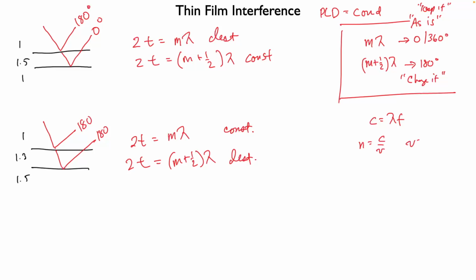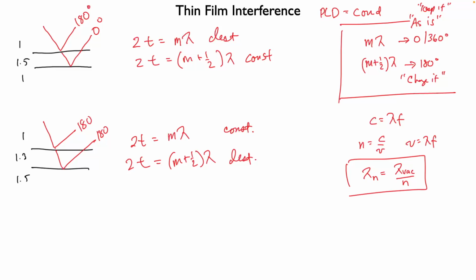So if the velocity is equal to wavelength times frequency, and the frequency is a constant, but the speed changed, the other thing that has to change is the wavelength. So the wavelength in any material that has an index that's not 1, because 1 is space, right, lambda sub n, is going to be equal to the wavelength in vacuum divided by the index of refraction.